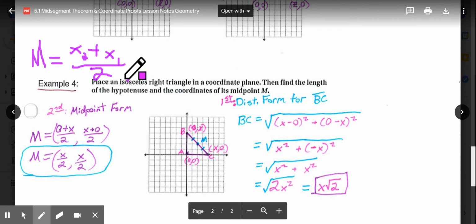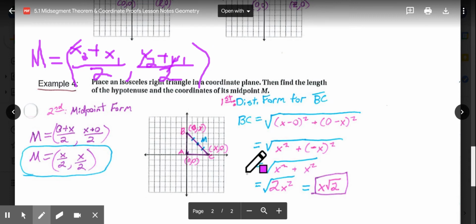And then the other part of our midpoint formula would be y2, so one of our y coordinates, plus the other y value, so y2 plus y1, all divided by 2. And then that goes in parentheses. So it's your x2 plus x1 divided by 2, comma y2 plus y1 divided by 2.